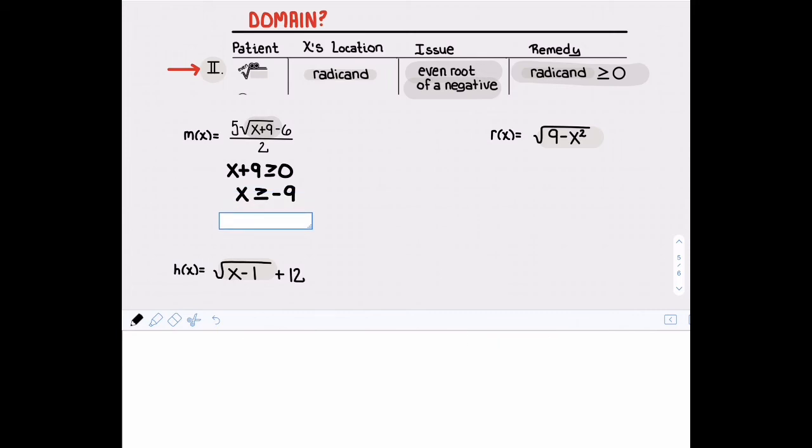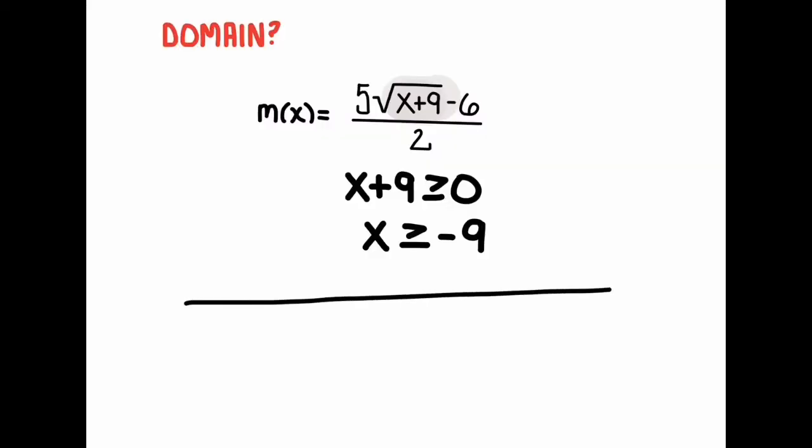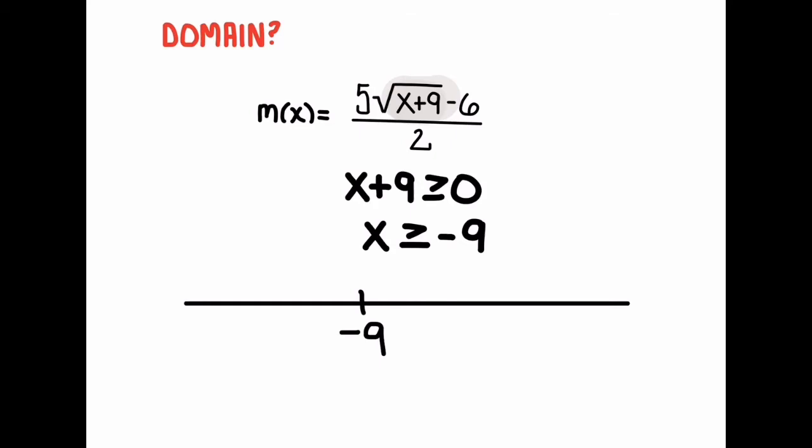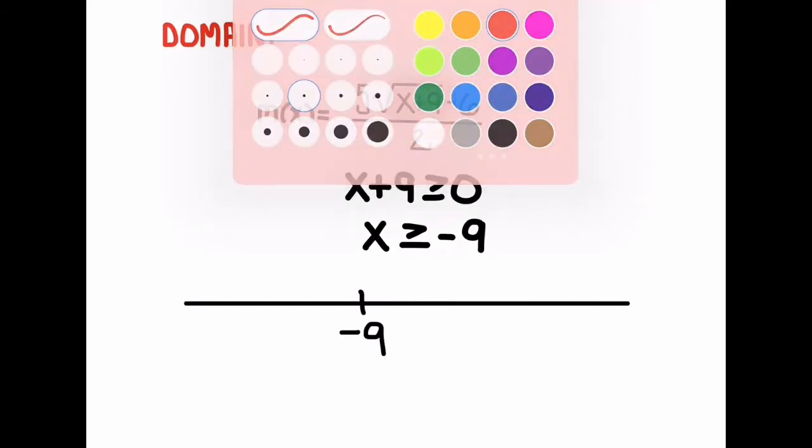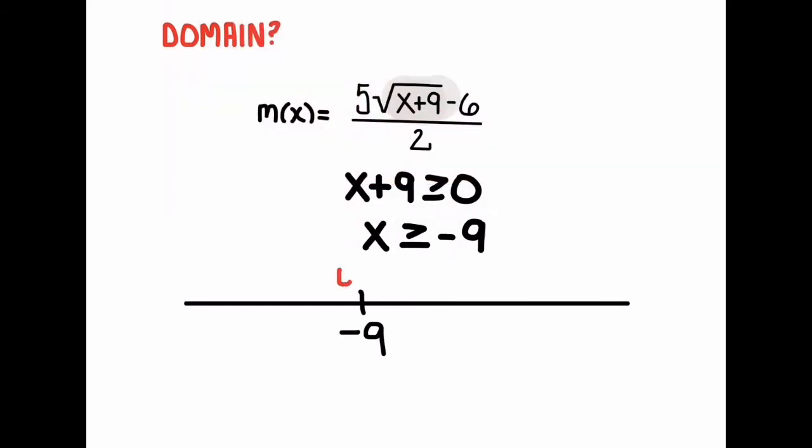Let's take a closer look at how to write this using interval notation. X is greater than or equal to negative 9 means that we can use the number negative 9, and we can also use anything to the right of negative 9. So let's write it down from left to right.